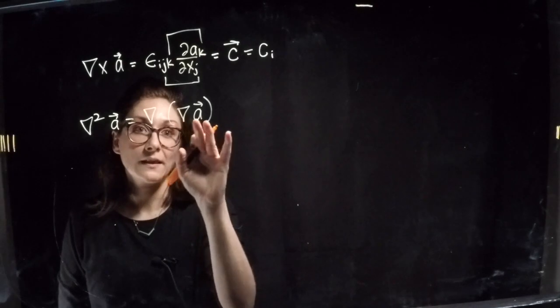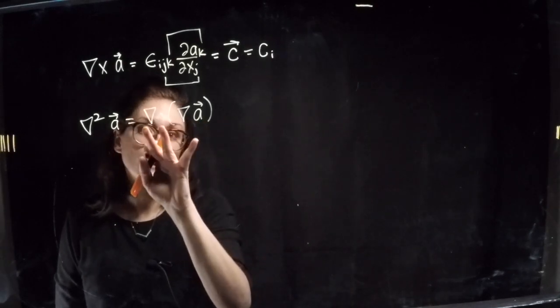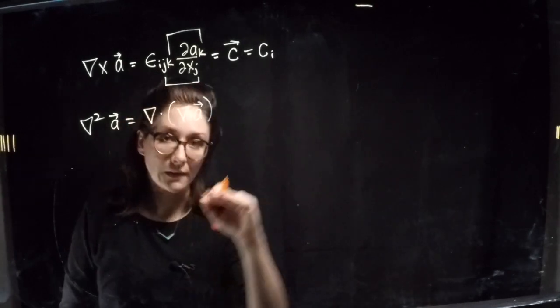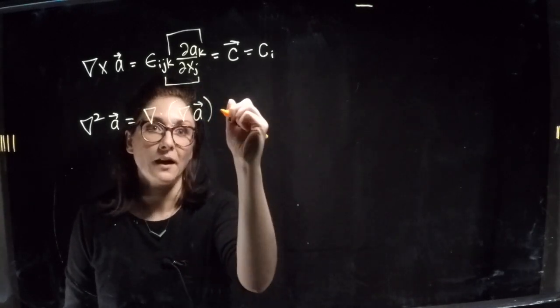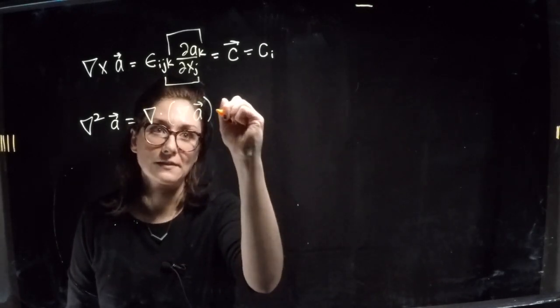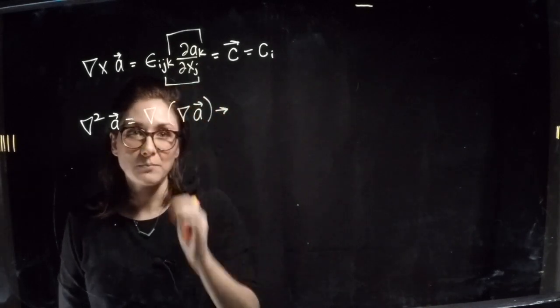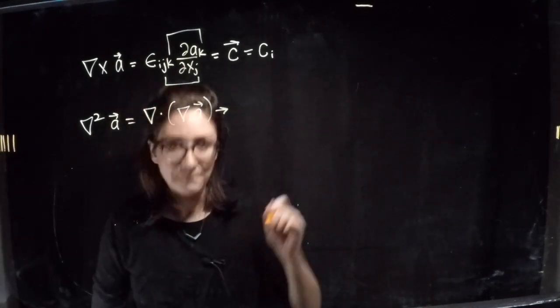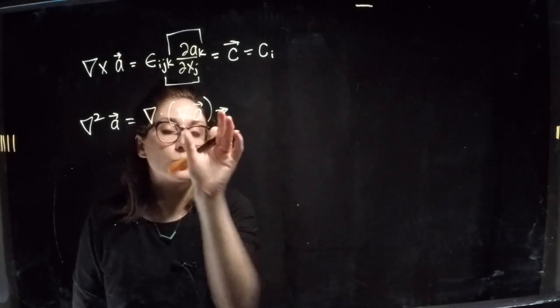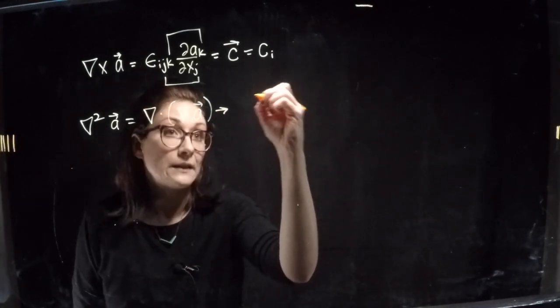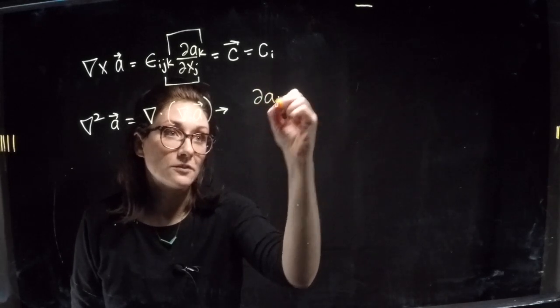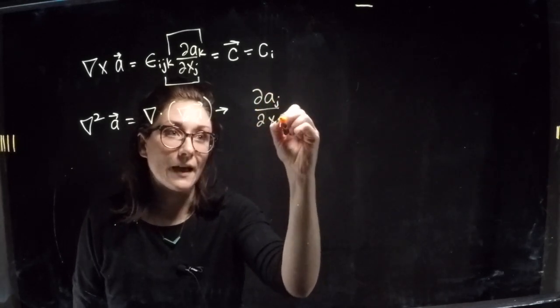So we're making this a tensor, and then by taking the divergence of that, we're taking away a rank and giving back a vector. I'm just going to write this in the same way using my pieces that I've done before. I'm going to work my way from the inside out. So gradient A, I'm going to say, is partial aj partial xi.